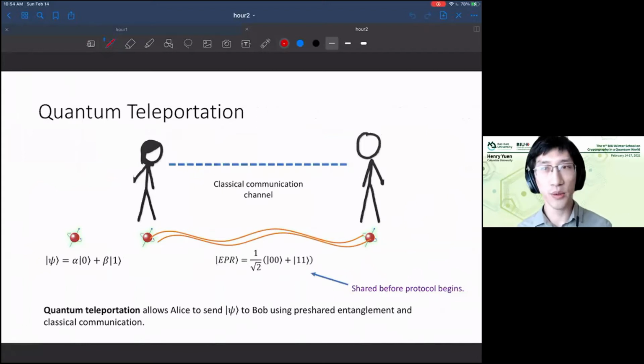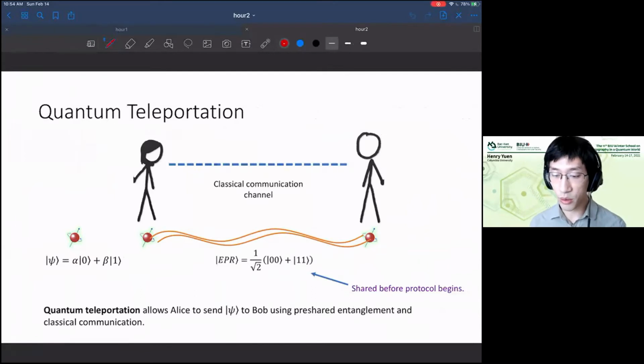This brings us to quantum teleportation. All right. We have Alice and Bob. Alice really wants to send a birthday gift, this birthday qubit, to Bob, but they're only connected via a classical communication channel, which is this 45-minute Zoom call.